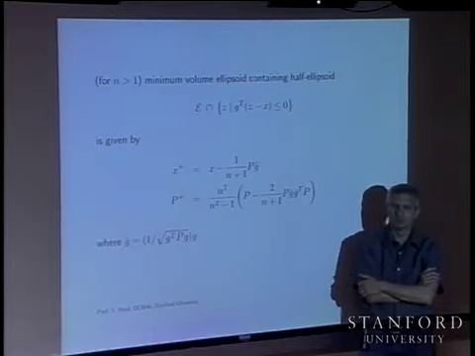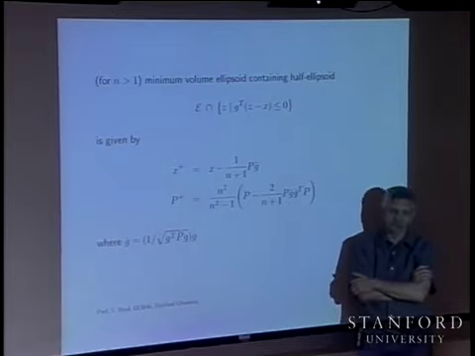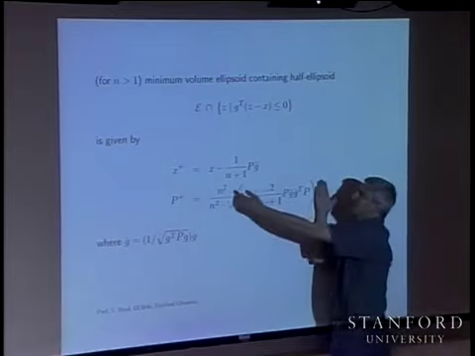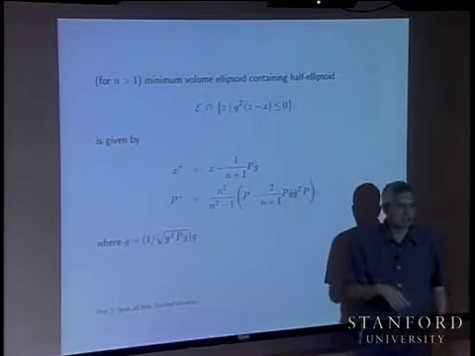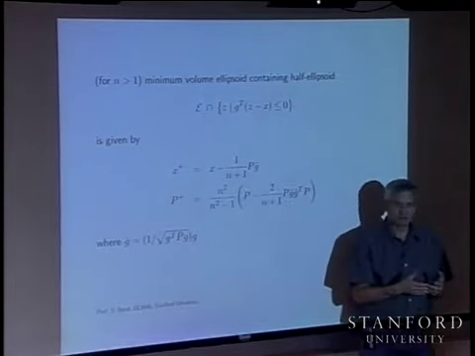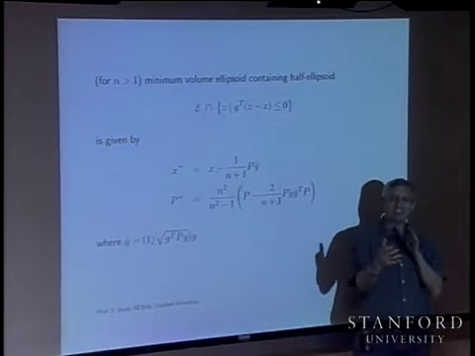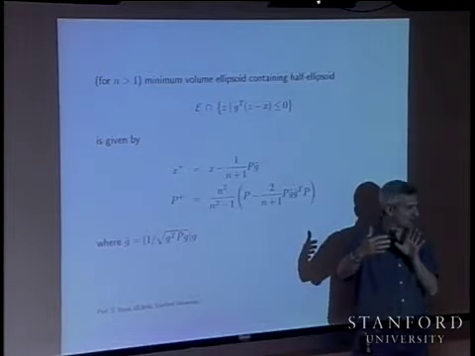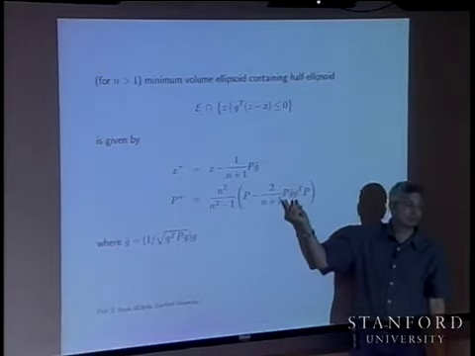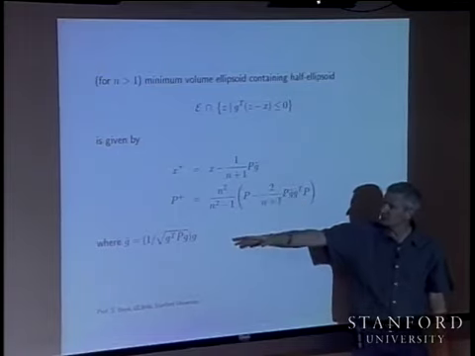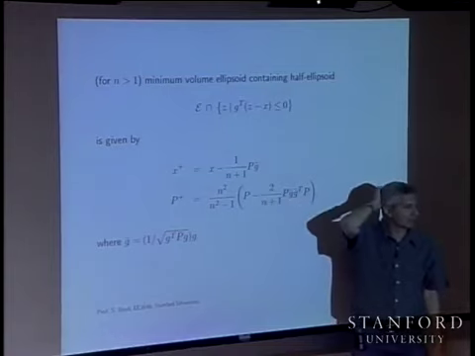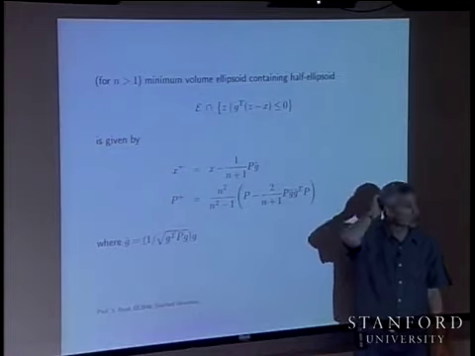That's true, they all got smaller. This matrix is less than or equal to P in the matrix sense, because it shrunk. Actually, it only shrunk in one direction, the direction PG, where G tilde is the normalized thing. But it got smaller.